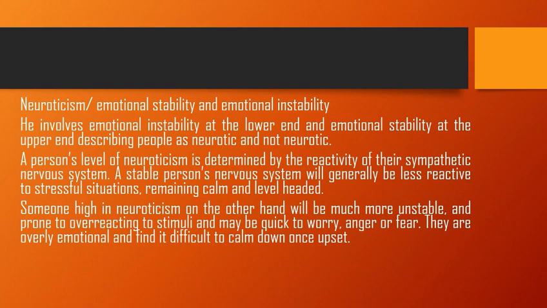A stable person's nervous system will generally be less reactive to stressful situations, remaining calm and level-headed. Someone high in neuroticism, on the other hand, will be much more unstable and prone to overreacting to stimuli, and may be quick to worry, anger, or fear. They are overly emotional and find it difficult to calm down once upset.